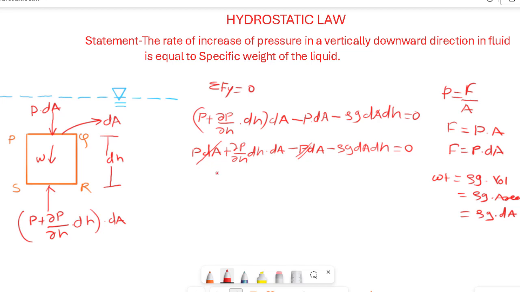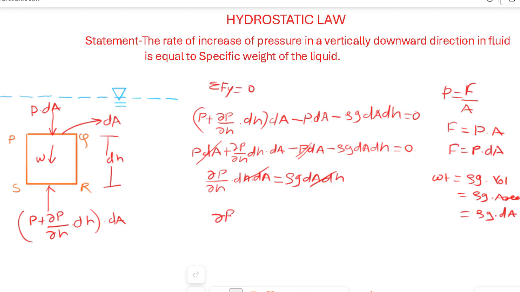So what remains with us is dP by dH dH dA, and we'll put the other term on the other side, so rho g dA dH. So we can cancel out dA dH from both the sides. So finally we get dP by dH is equal to rho g, and that is our required expression.